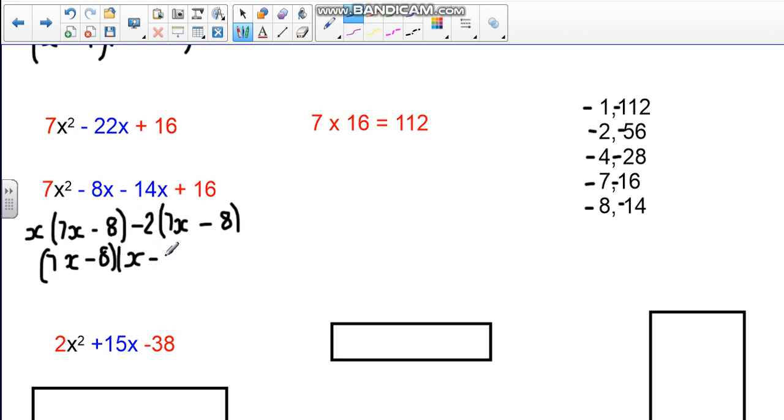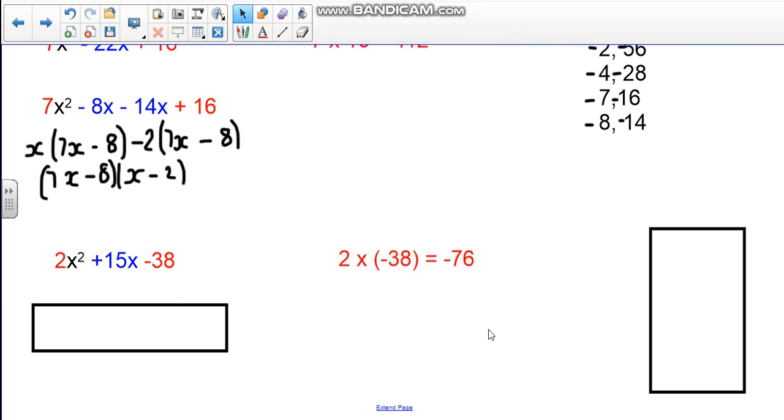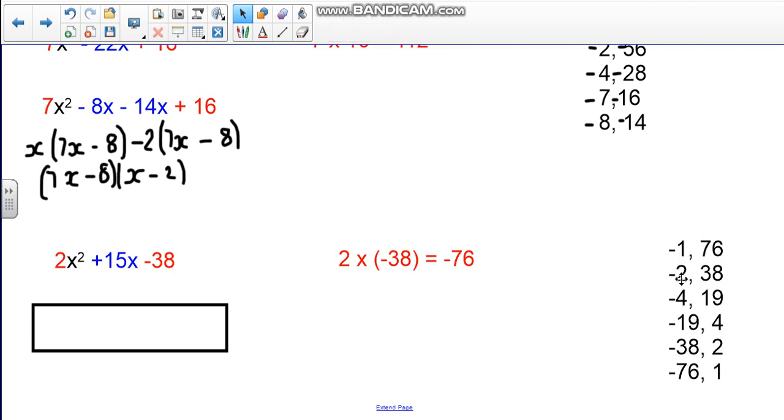One more. So we've got 2 and minus 38, so multiply those together, we get minus 76. Looking for the factors, I've got minus 1 and 76, minus 2 and 38, minus 4 and 19, and then there are no others until we get to minus 19 and 4, minus 38 and 2, minus 76 and 1.